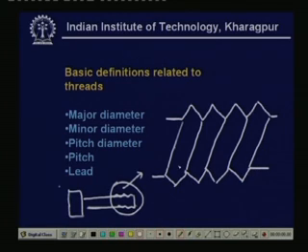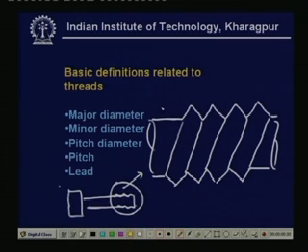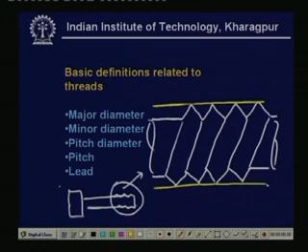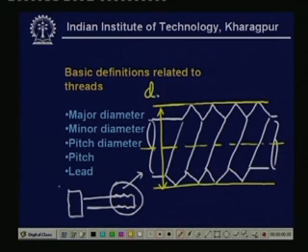So, this is the cylindrical part and the cylindrical part. Now, if we draw one coaxial cylinder such that its surface touches the outermost points, this is the cylinder whose surface touches the outermost points. So, this diameter is the measured diameter.